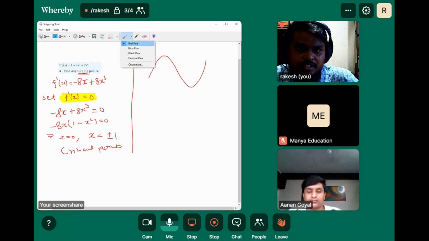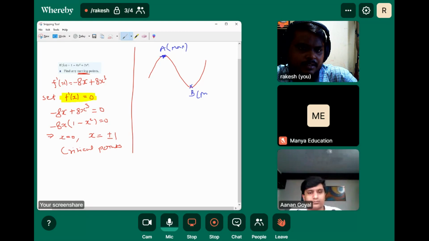So suppose this is a curve, and this is one of the critical points. Let's say A. This is another critical point. Let's say B. So this is maxima, we know that, and this is minima, right? See, the curve changes its nature from positive gradient to negative gradient. Do you understand this?